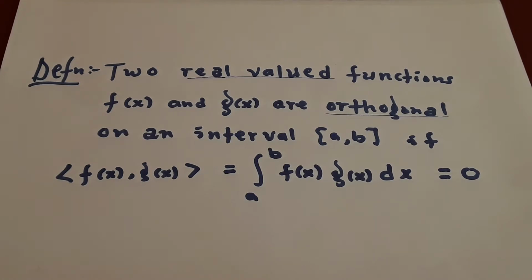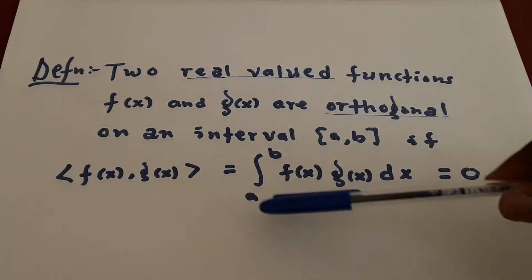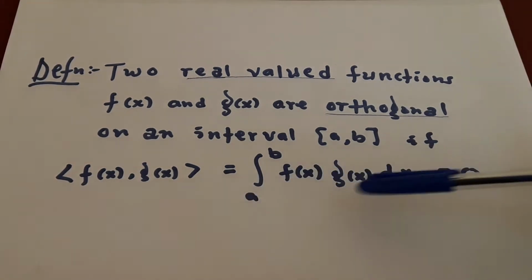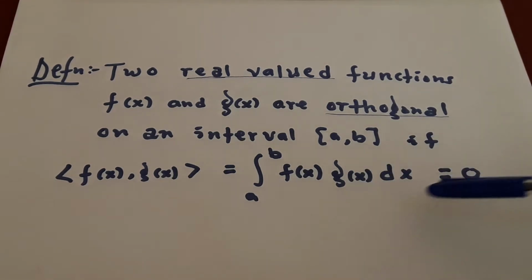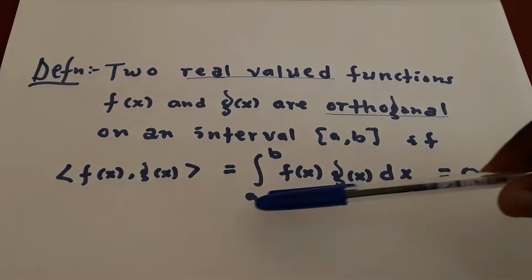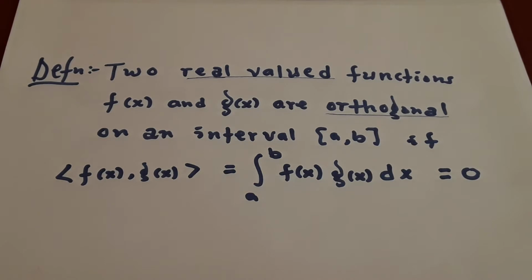If the dot product of u and v is 0, then u and v are said to be orthogonal or perpendicular to each other. In the same fashion, you can define the orthogonality of two real valued functions via the inner product. If the inner product, which is defined by the integral of their product, is 0, then intuitively f and g are orthogonal to each other.